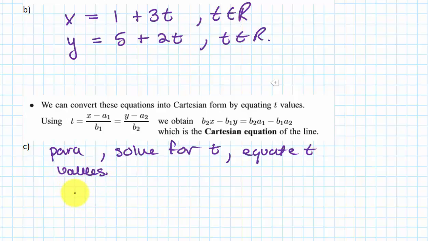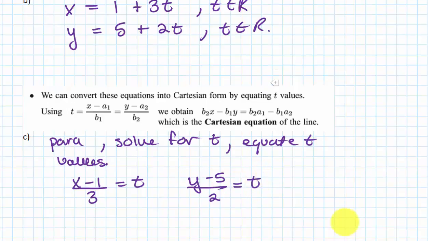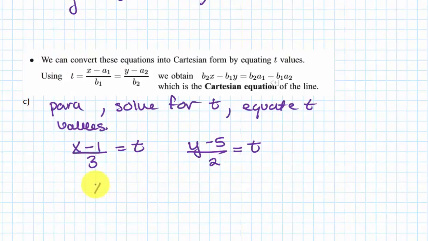So I would take x, I'd subtract 1, and I divide by 3, which gives me t from the first equation. And then I take y, subtract 5, and divide by 2, which will give me t. Now, the t has to be the same, so we can put those equal to each other. Then we can cross multiply.